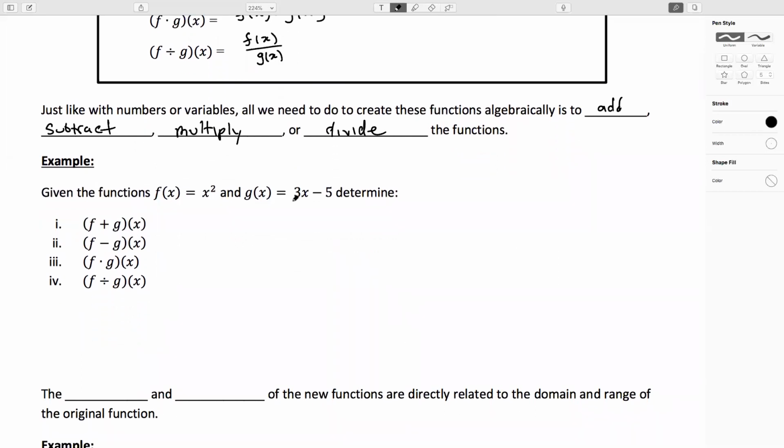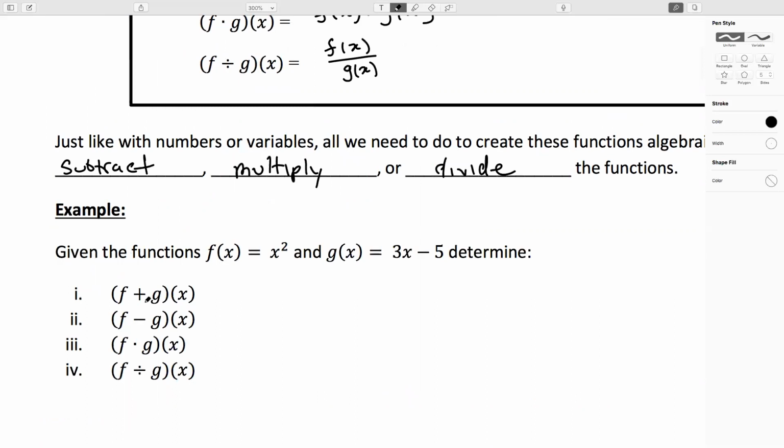So let's actually start with some concrete functions. We've got x squared and we've got 3x minus 5. f of x is the label for x squared and g of x is the label for 3x minus 5. So if we actually want to calculate (f+g)(x), we first take the shorthand version and write it out. So this means f of x plus g of x.